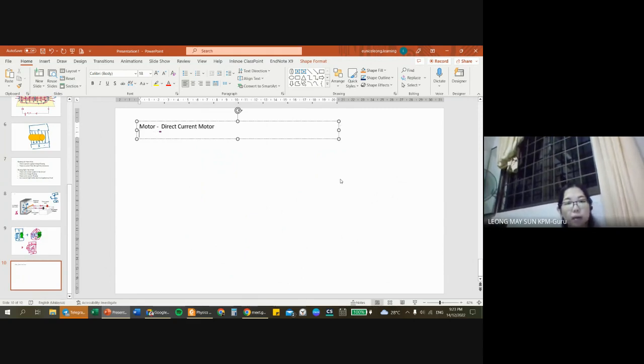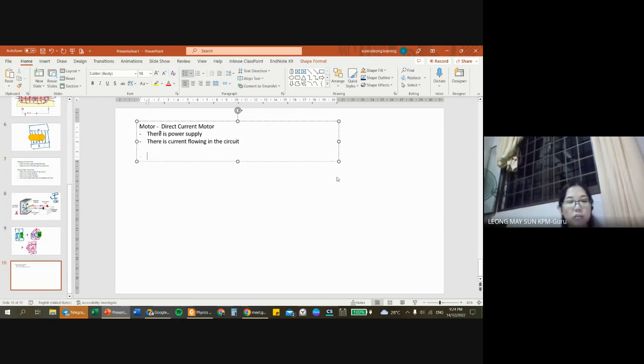We focus on direct current motor, and when we talk about motor, it means that there is a power supply. Having a power supply means there is current flowing in the circuit. So for a direct current motor, there is power supply, there is current flowing in the circuit.